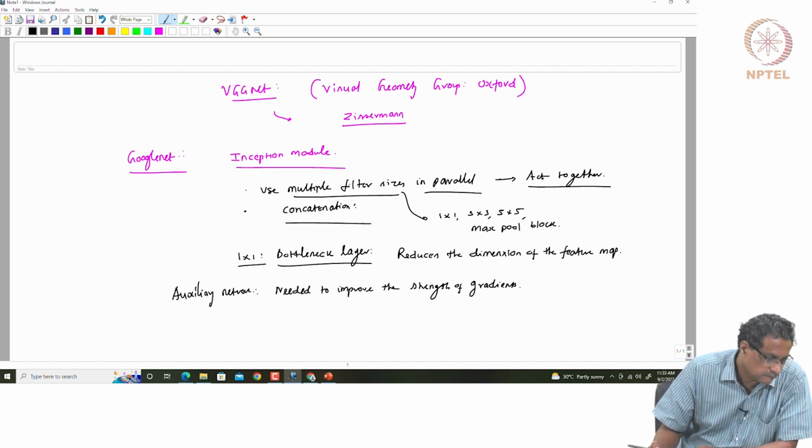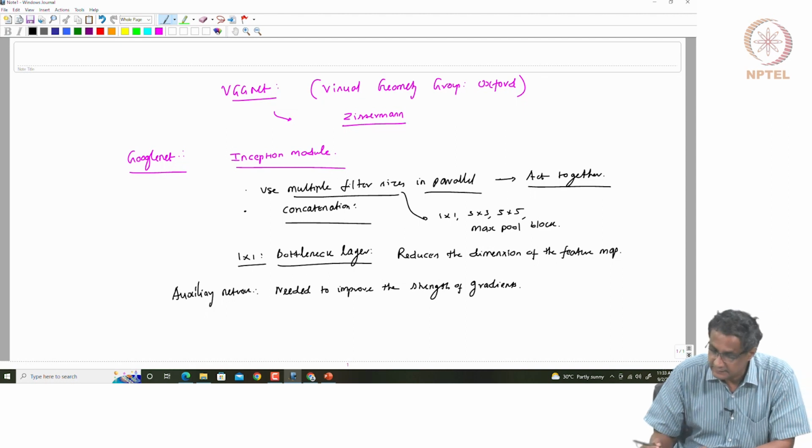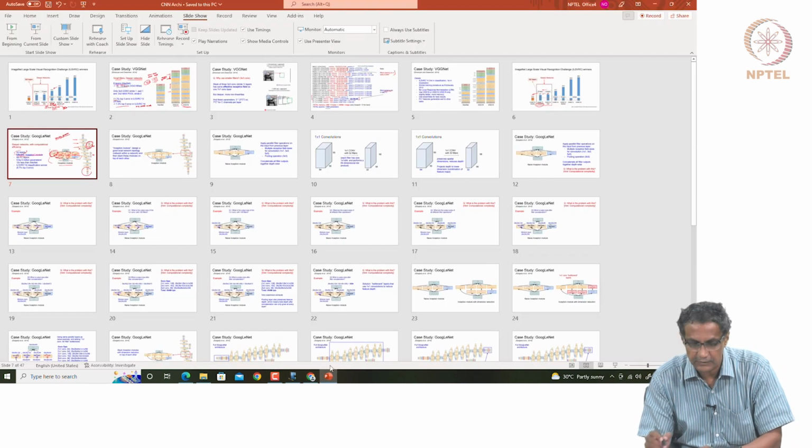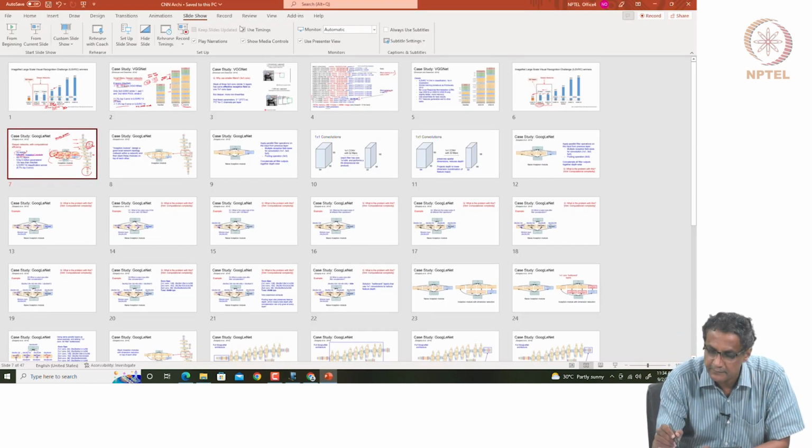Then concatenation is okay. Zero padding, I think, I've already said. Then the other one is a stem network. That's like a preprocessor. See, what you saw here at the bottom looks like a stem.